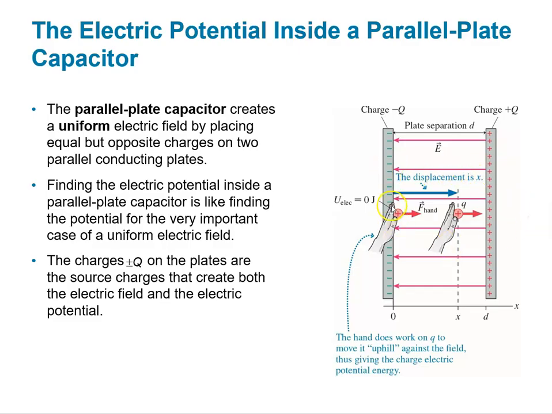And so if we were to visualize taking a positive charge starting at the negative plate and pushing it toward the positive plate, it's going to take potential energy to do that. And the amount of potential energy that we use is going to be related to the distance that we have to push it to get to a certain point between the plates.